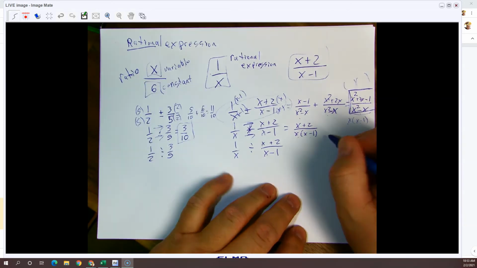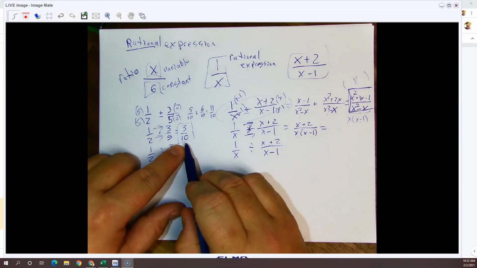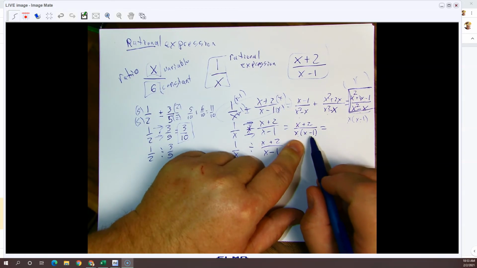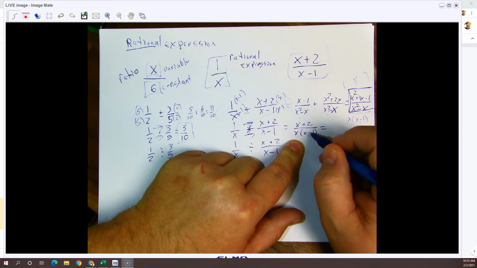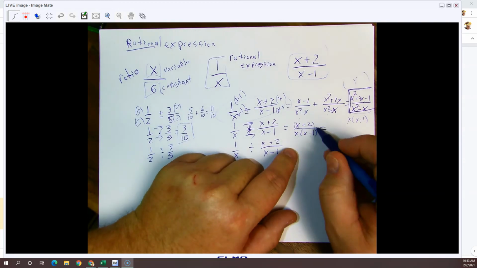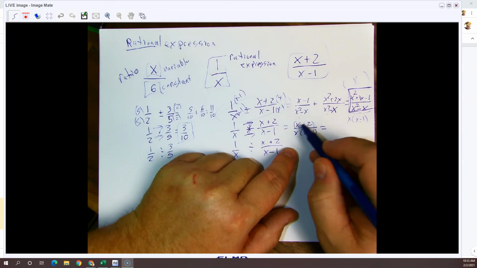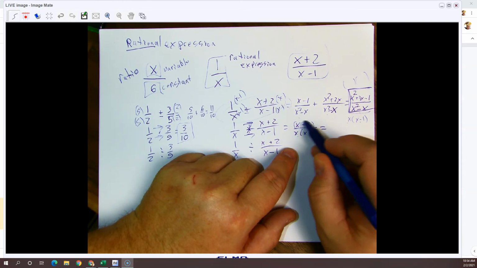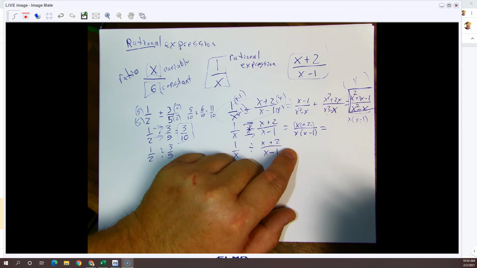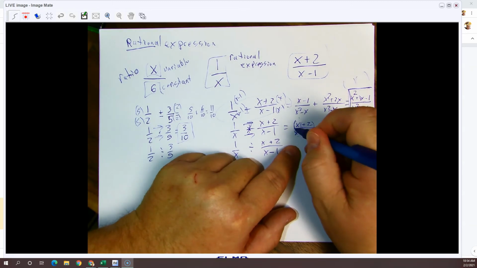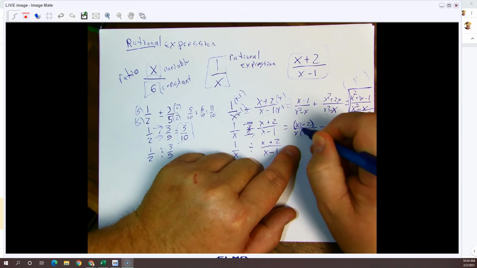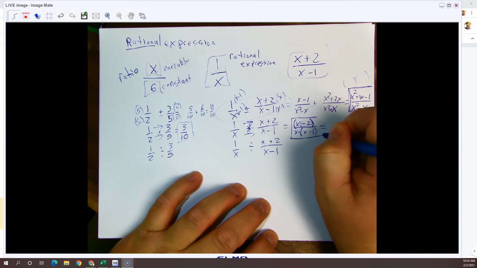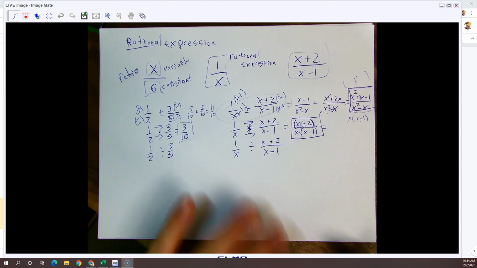Makes no difference because, just like over here, we need to simplify. But clearly, I cannot simplify because I can't get rid of an x here and an x here because this is attached by a plus or minus sign. Make sure that if you're reducing, you can only reduce things that are connected by multiplication or division. So again, likewise, we are done here.